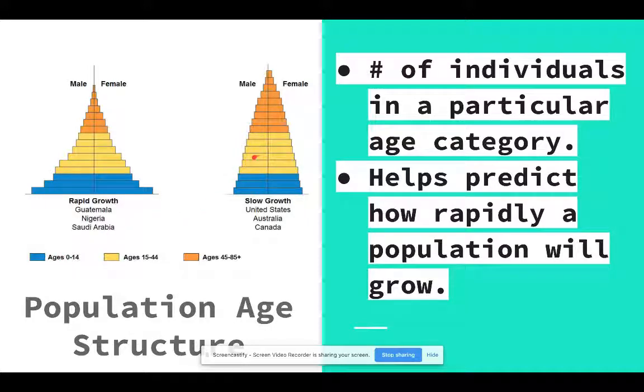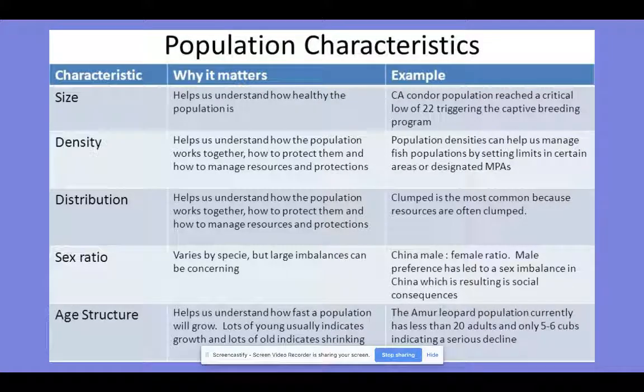Some of those people, when they hit that reproductive age, some of them are going to have children, some of them aren't, so we can expect slow growth. And then again, when we look at human population, a population with a lot of 45 to 85, if it's top heavy, that is definitely telling us that population is either growing slowly or not at all. So there's your population characteristics. Make sure you understand them.